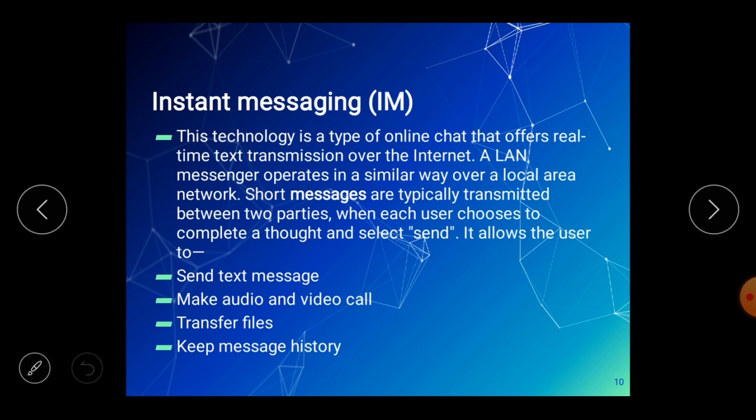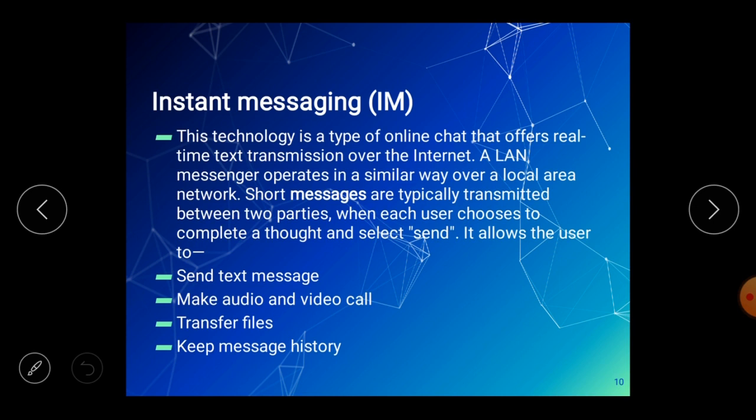So the instant messaging service allows the user to send text messages, like what you send on WhatsApp. You can make audio calls as well as video calls by using instant messaging, and you can also transfer files from one person to another person.